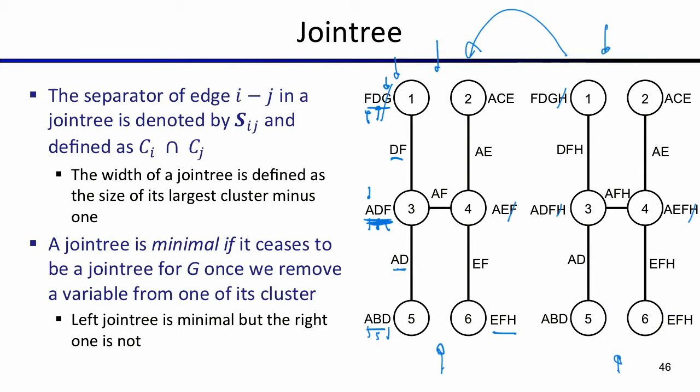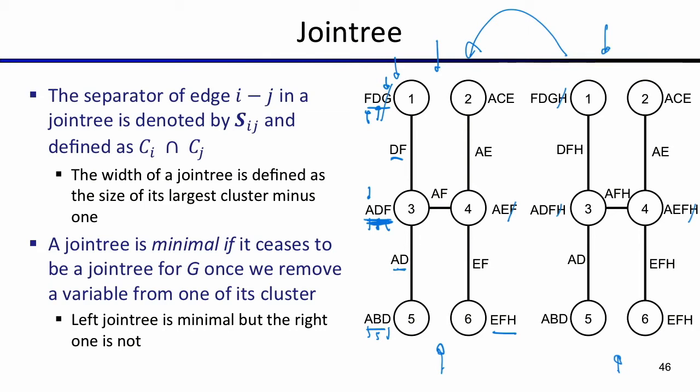So we say that having non-minimal joint trees doesn't make much sense because we know that the width of the joint tree is the size of the largest cluster minus 1, and if you have a non-minimal joint tree, it means that we have larger clusters, so the width will be larger as well.